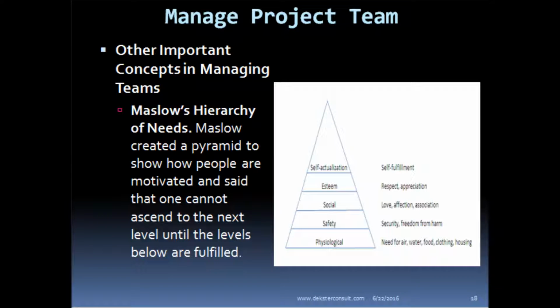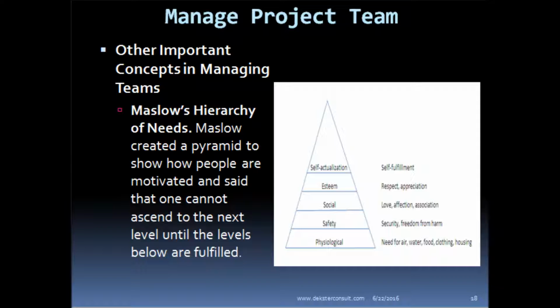Then Maslow gave a hierarchy of needs and says that people do not aspire for higher needs except their lower needs are fulfilled. His hierarchy starts with physiological needs, then safety needs, social needs, esteem needs, before people crave for self-actualization needs.